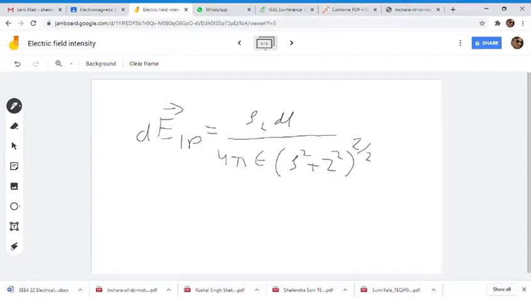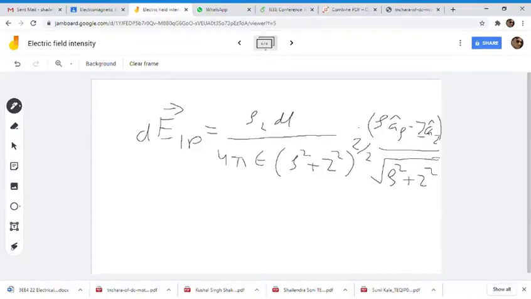And what will be the unit vector? You can always write the unit vector as rho a rho minus z az, which is your vector, divided by the mod of the vector. What is the mod of the vector? The mod of the vector is rho square plus z square under root.